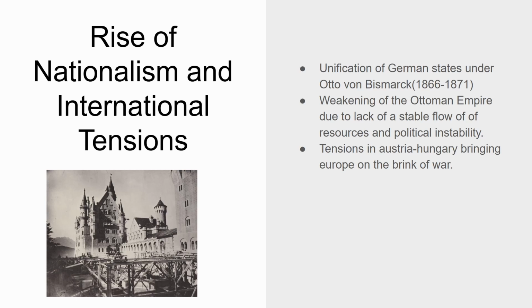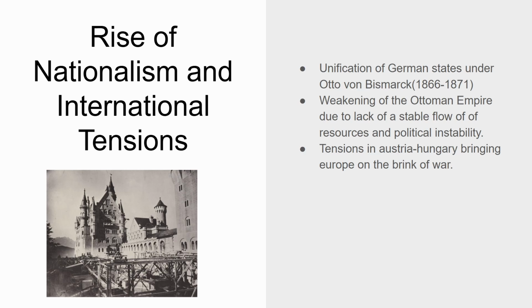Some background knowledge is the rise of nationalism and international tensions that came in the period previous to this. With the unification of German states under Prussian ruler Otto von Bismarck, it led to the rise of a unified Germany that filled the power gap left by the weakening Ottoman Empire, which was falling due to the lack of stable flow of resources and political instability within because of different Muslim sect tensions.